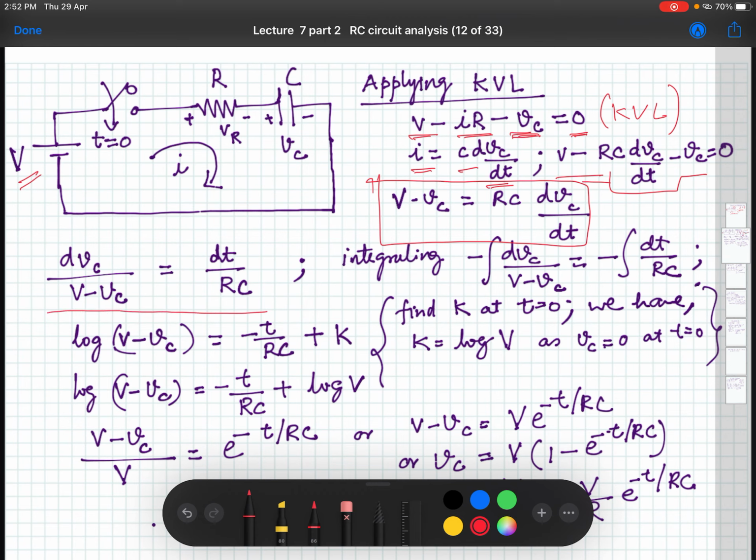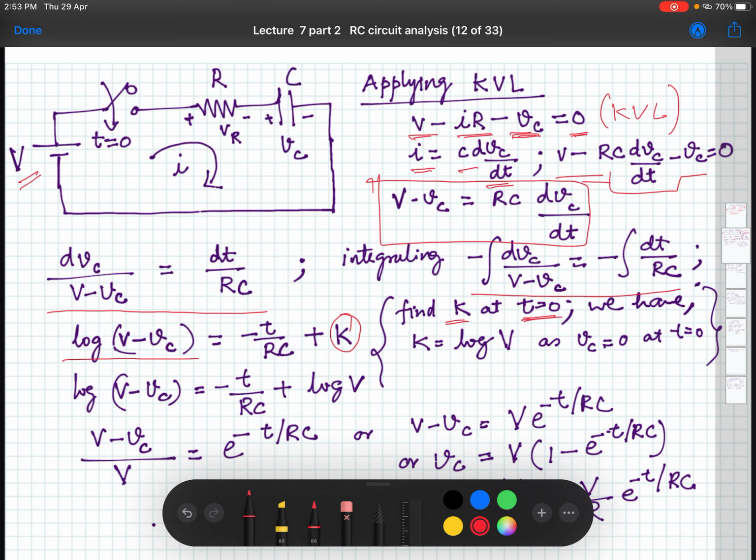So this is basically the procedure, and we are integrating this part, and after integrating we get this, plus k. Okay, this plus k is the constant of integration. And you can find this constant of integration k by putting the values at time t equal to 0.